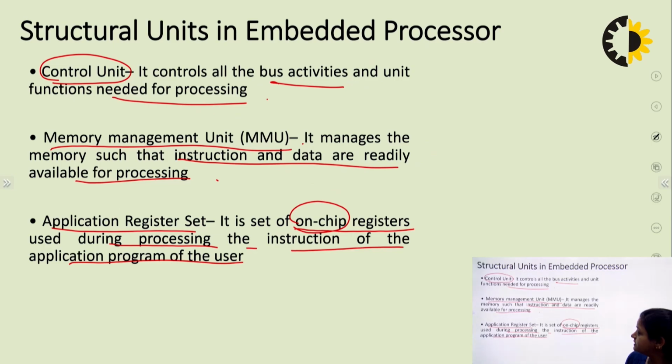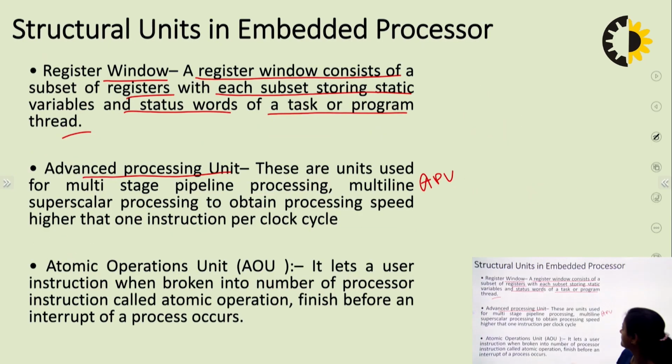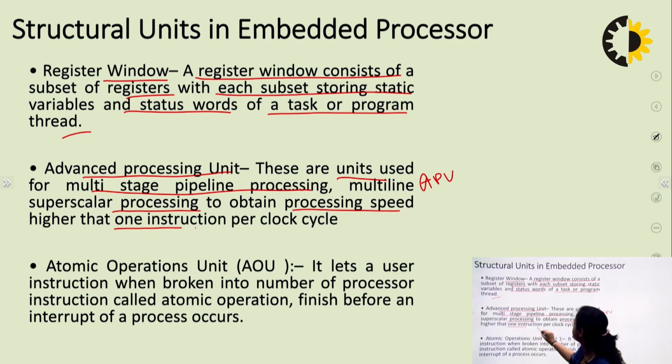These are the units used for multi-stage pipeline processing and multiple superscalar processing to obtain processing speed higher than one instruction per clock cycle. So these are some advanced units which may or may not be present in a processor, and are used when we are talking about executing more than one instruction per clock cycle.